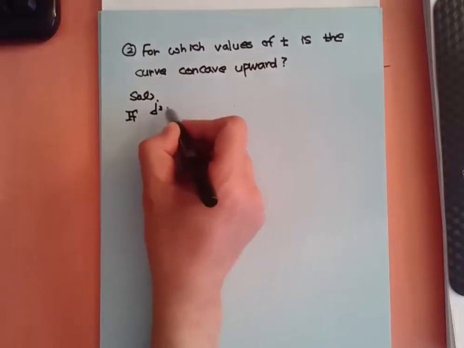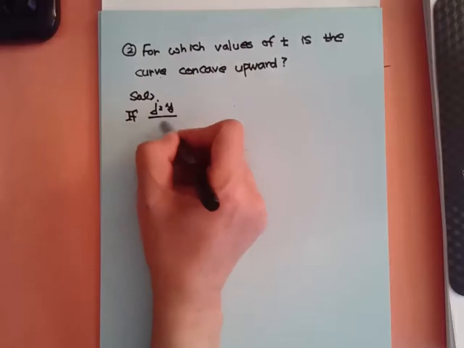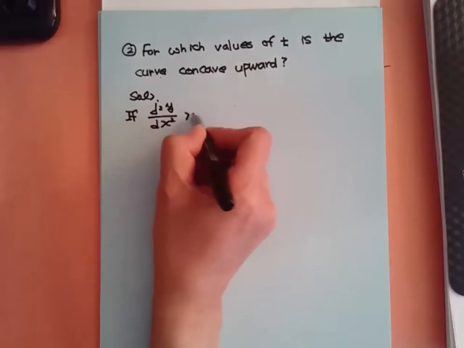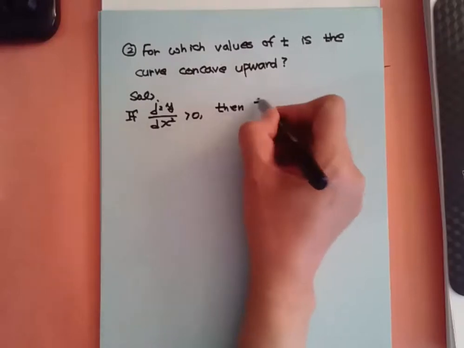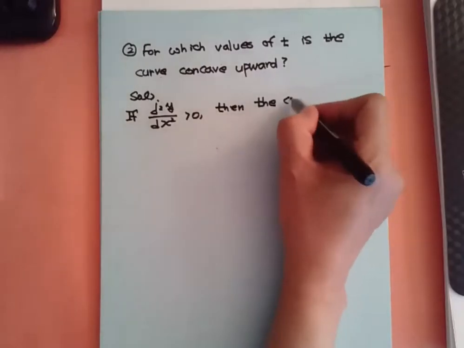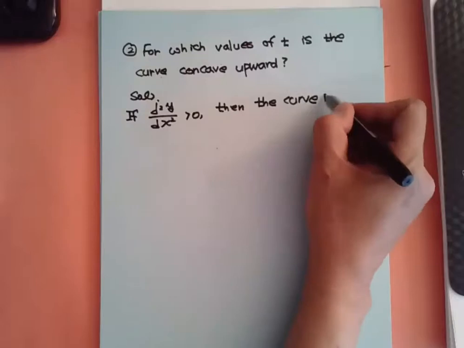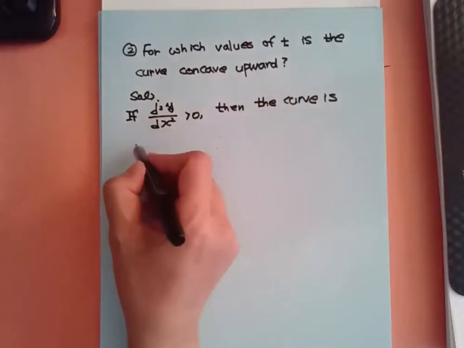When the second derivative d squared y over dx squared is greater than 0, then the curve is concave upward.